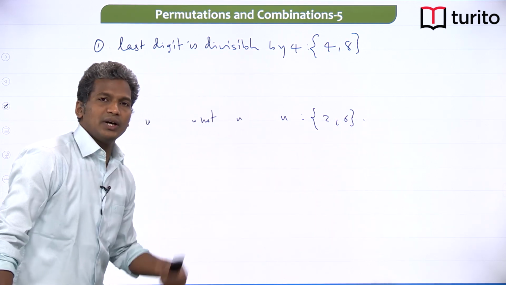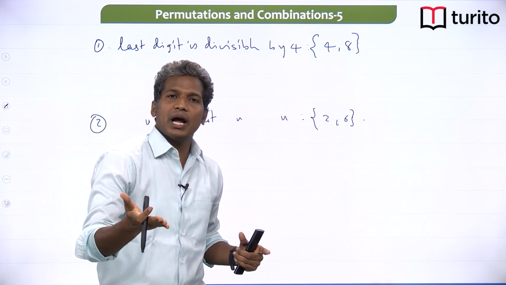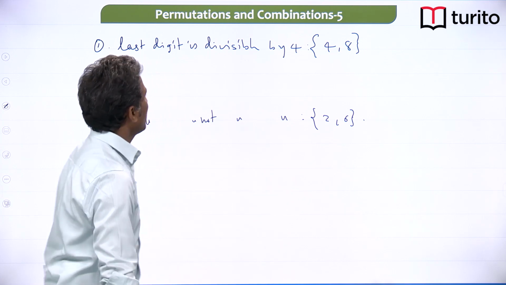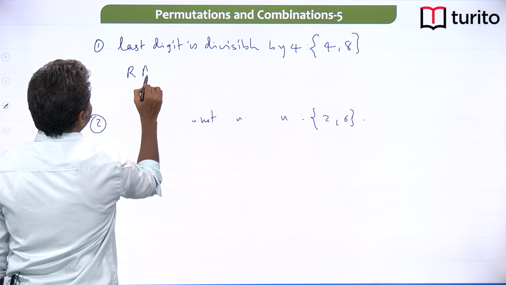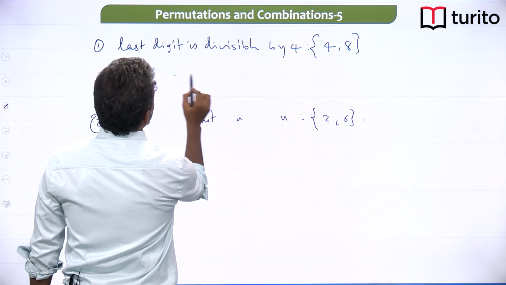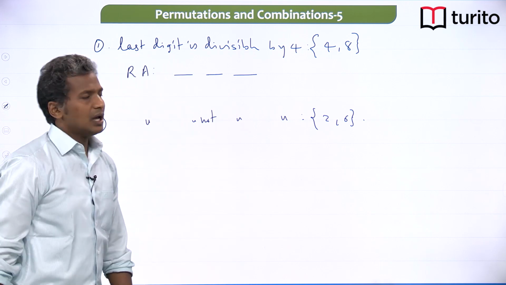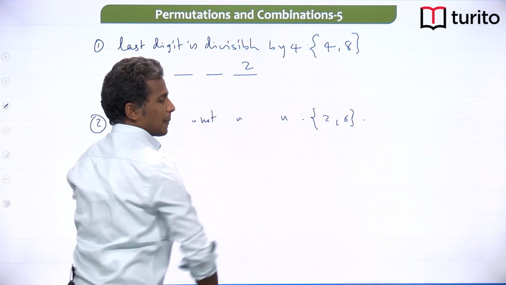Okay. So, now let us solve this problem from both points of view, repetition allowed and repetition not allowed. Okay. So, now let us say I go for the repetition allowed case. This is our default. Okay. So, there are basically 3 locations here. Now, the last location is filled in how many ways? 2 ways.